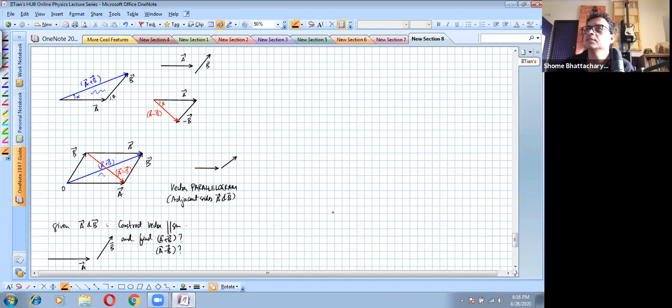Any theta, you're confusing the thing. See, this is the vector A and this is the vector B. Okay, suppose. So this angle is theta. Right? So now if you construct a vector parallelogram, where that angle will come? It will come at the origin, where you drawn the two vectors like this.